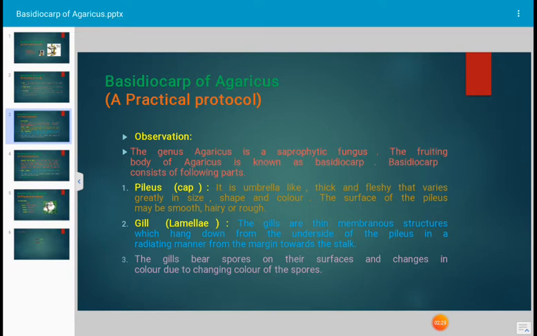The lamellae hang down from the underside of the pilus in a radiating manner from the margin towards the stalk. The gills bear spores on their surfaces and change in color due to the changing color of the spores. This we have to observe.